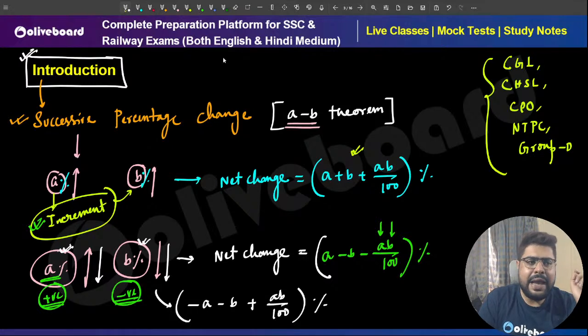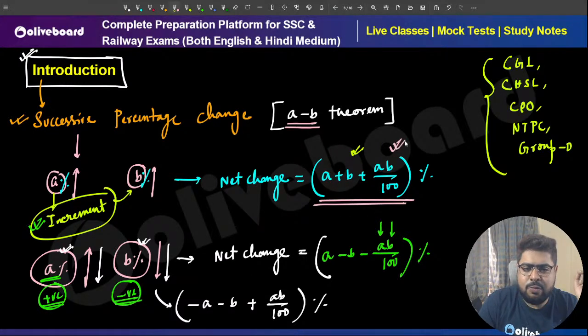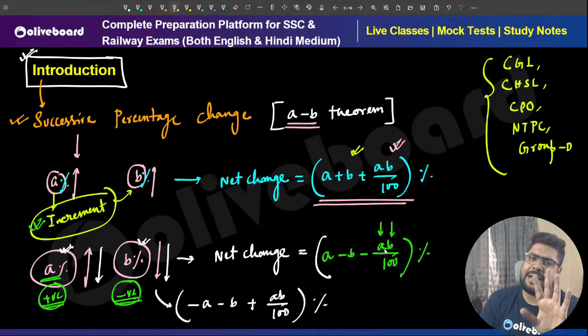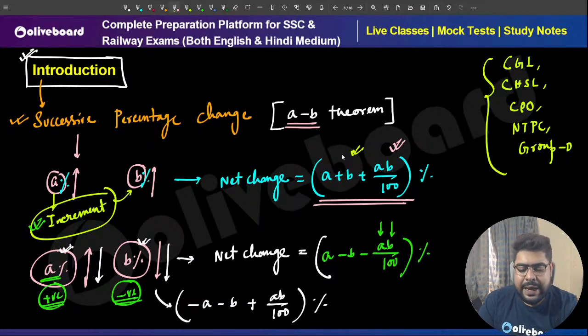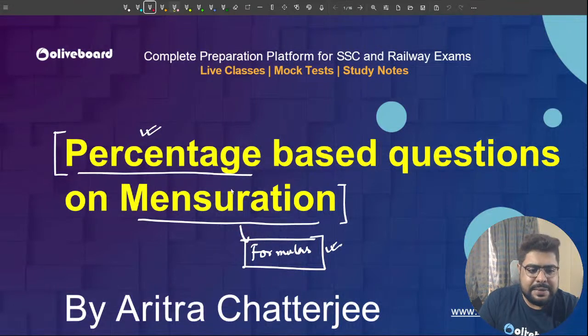You only remember the main formula, and you can always manipulate the sign using your plus-minus concept: plus into minus is minus, minus into minus is plus. That is all the prerequisites that we needed to know in order to solve the percentage-based questions on mensuration.